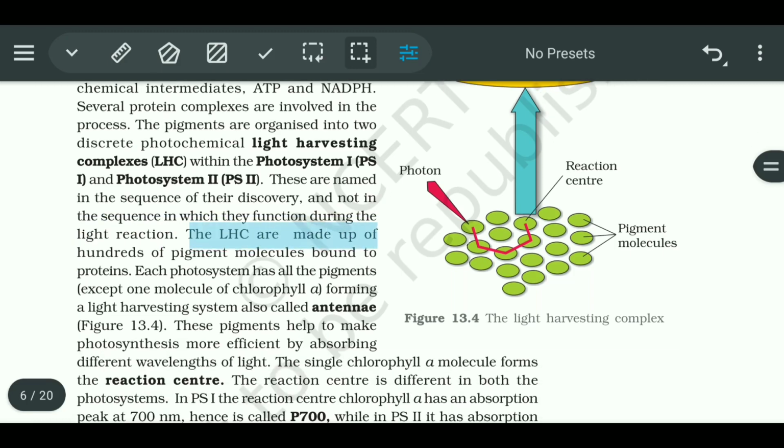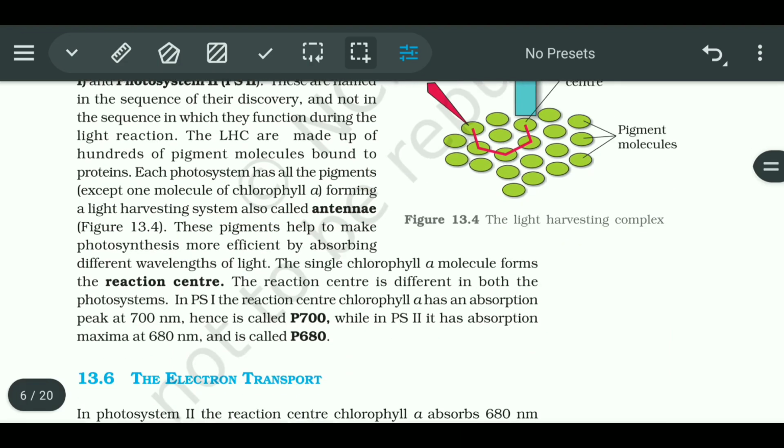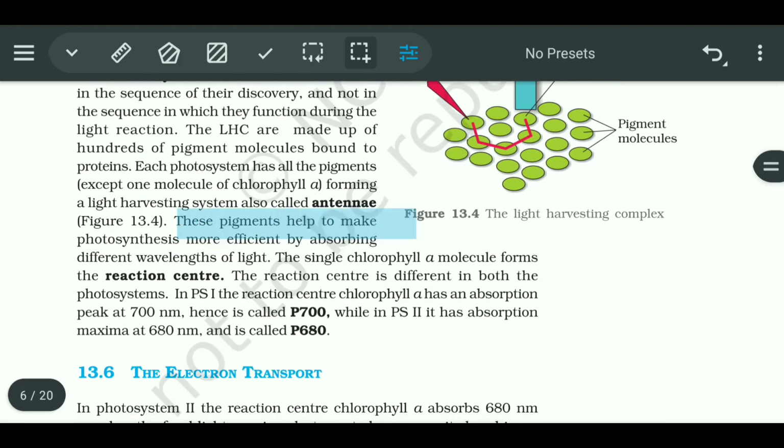The light harvesting complexes are made up of hundreds of pigment molecules bound to protein. Each photosystem has all the pigments except one molecule of chlorophyll a forming a light harvesting system, also called antennae. These pigments help to make photosynthesis more efficient by absorbing different wavelengths of light.